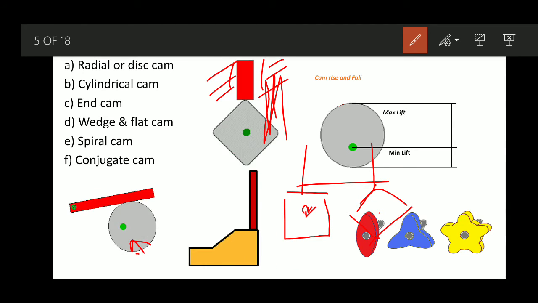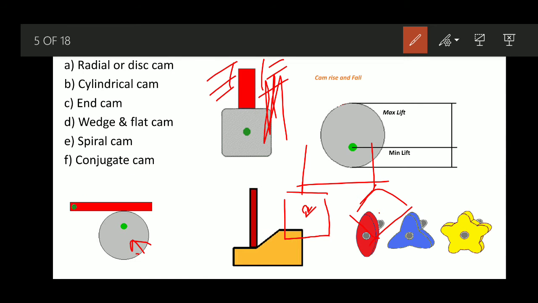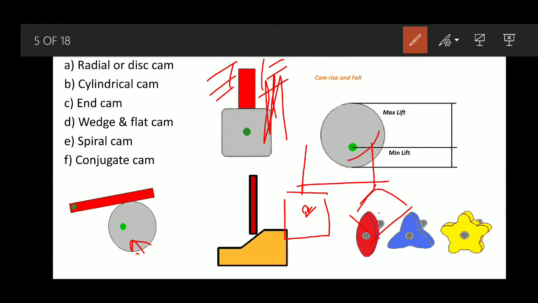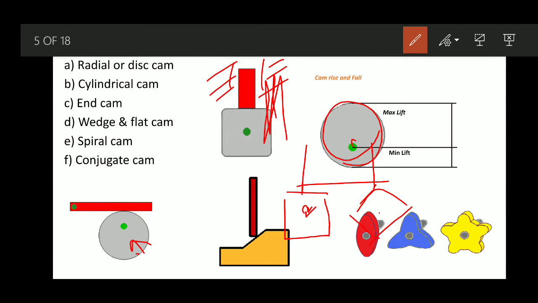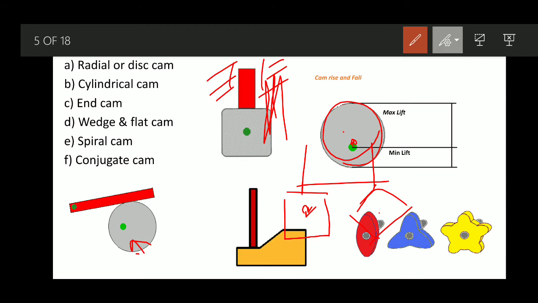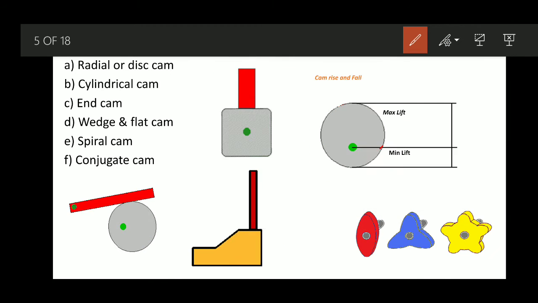Here, one thing you must remember is that even though the cam looks somewhat circular, the center of rotation, that is the axis position, is not exactly at the geometrical center of this circle.